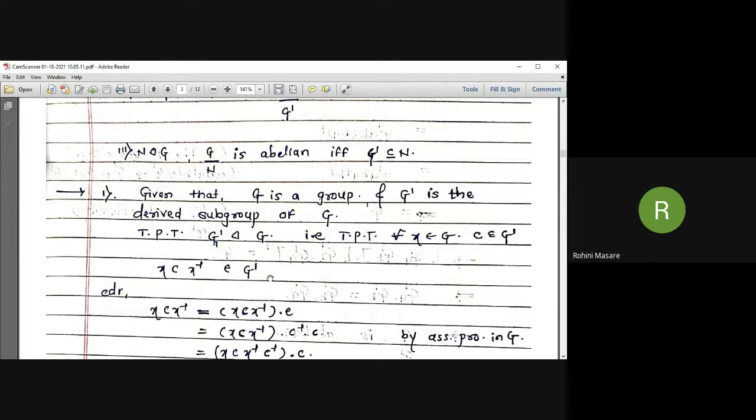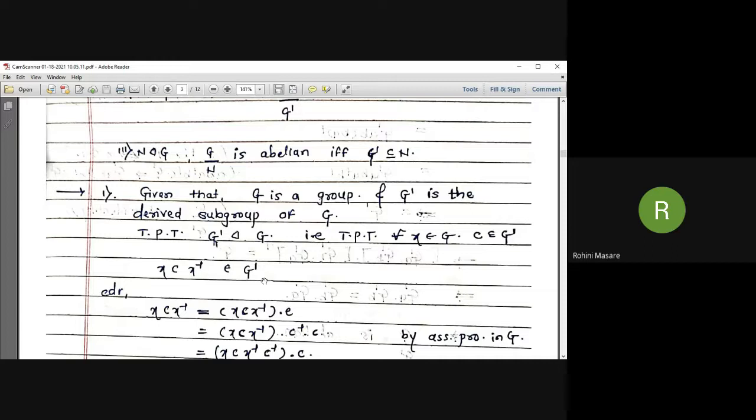Similarly, here we have to prove that G dash is normal in G. That is, to prove that for all x belongs to G and c belongs to G dash, x c x inverse belongs to G dash.